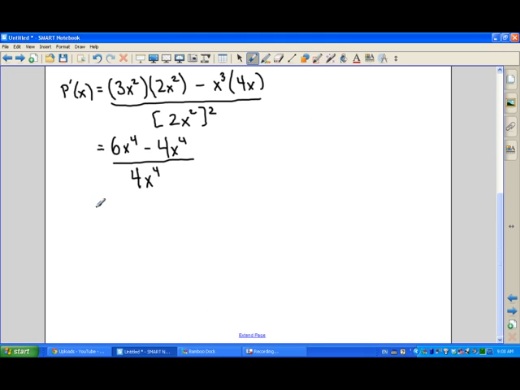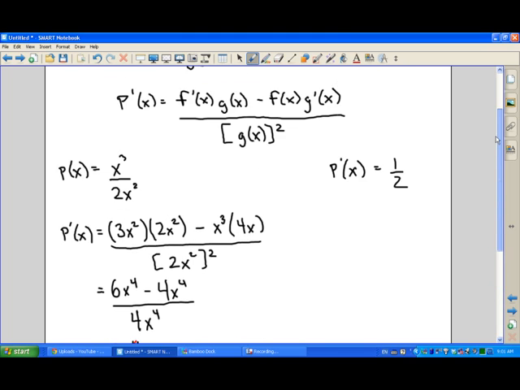Continuing to simplify, the numerator becomes 2x to the 4th divided by 4x to the 4th. Some things cancel, my variables. So I get the fraction 2/4, which reduces to 1/2. And this is the same as the derivative that we found in the first example, so we know that the quotient rule works.